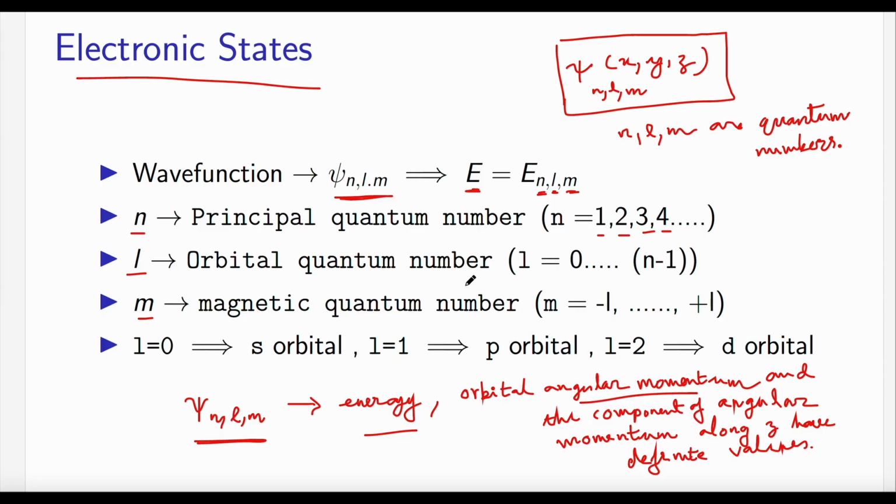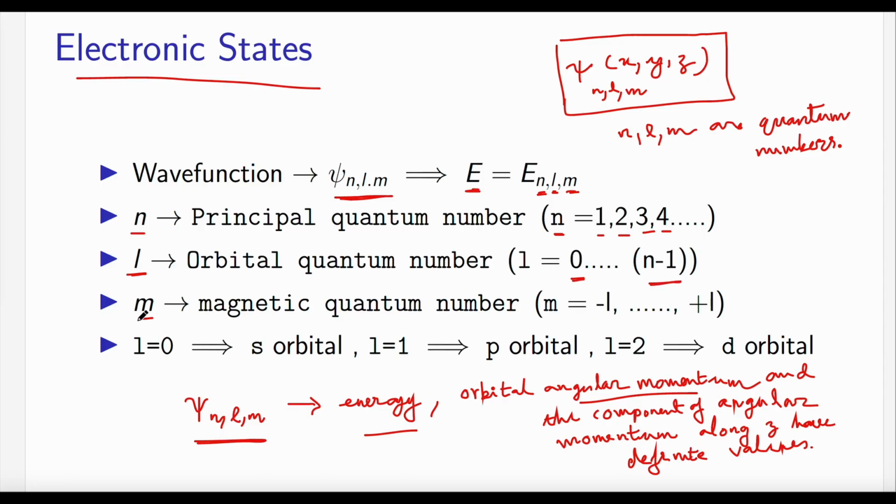If you are given n, then the orbital quantum number l, the number that defines the total orbital angular momentum, can have values only from 0 to n minus 1.